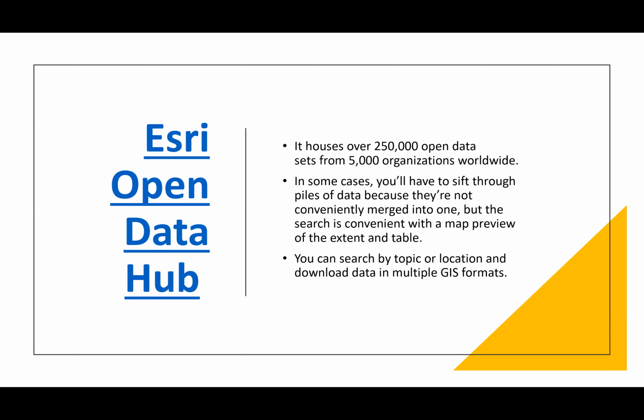But again, using an open GIS, a free GIS like QGIS, which we'll start in a few weeks, you can still use data that's in other places. It doesn't have to be data that's provided by QGIS. You can use data that's been prepared and made available to the public through other sources too. So I encourage you to look at Esri's Open Data Hub. You can look at the data and you can download the data as well. You can also add your own data. I think that's pretty cool.